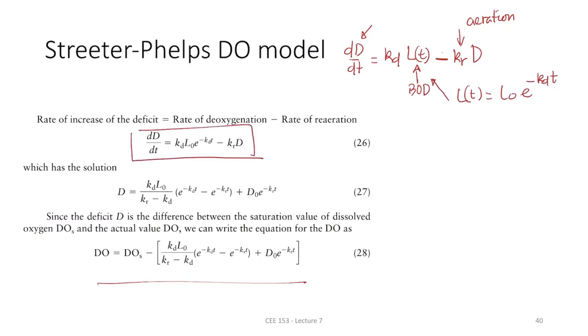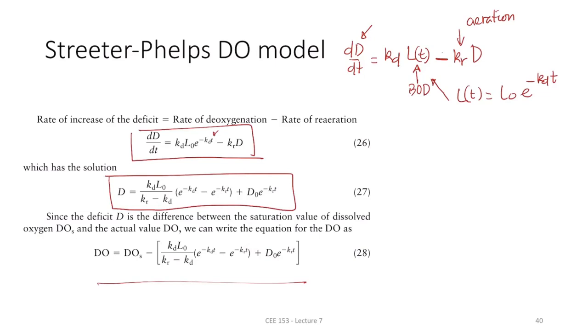Now you can solve it for D. This is a time factor here, but everything else is constant, and this is another variable. So this is like a linear differential equation. If you rearrange, it has a solution, which is D here. You just have to remember this, or write it on your cheat sheet.